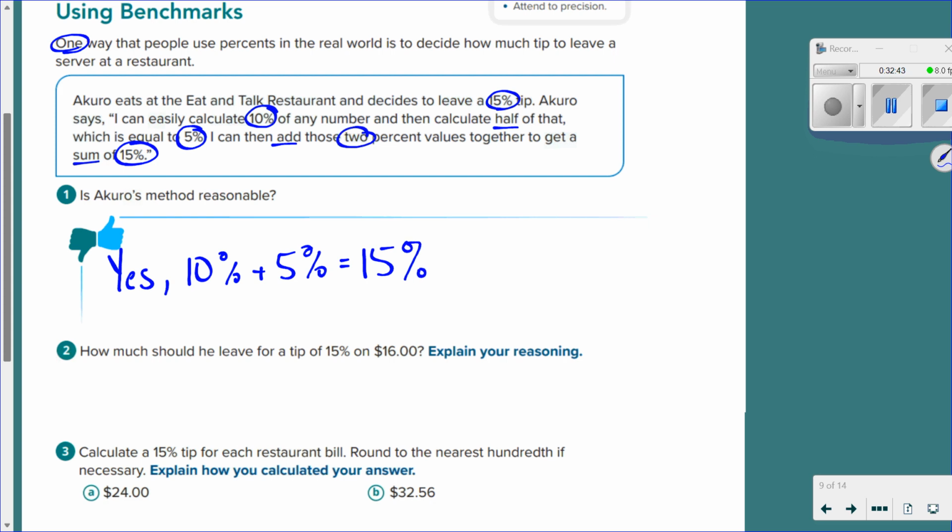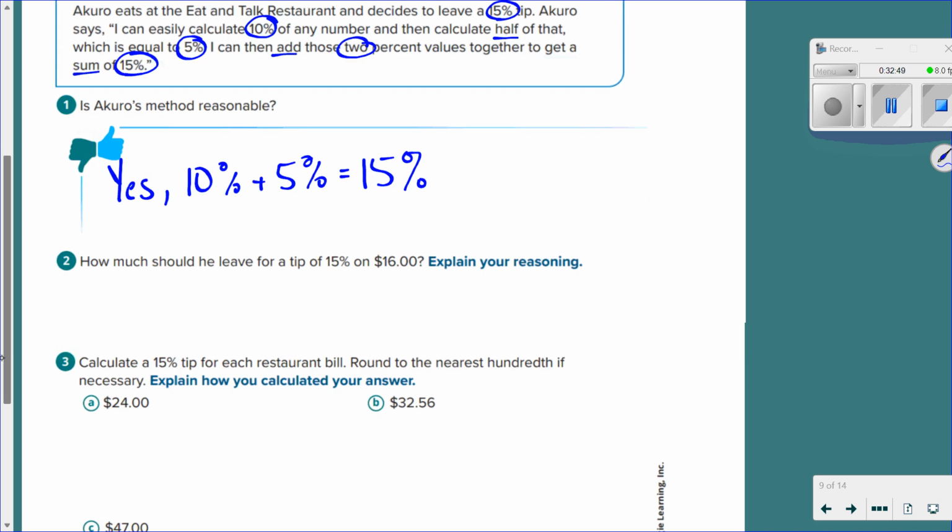If I have those two pieces, 10% plus 5% gives me 15%. So now let's do it real life. If I'm doing a bill of $16, how can I do 15%? What's 10% of 16? Of 16. 10% of something, you're moving the decimal 1 place.